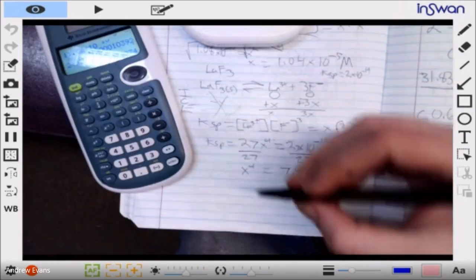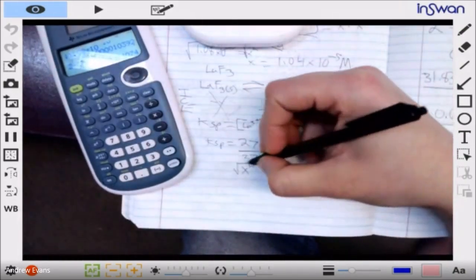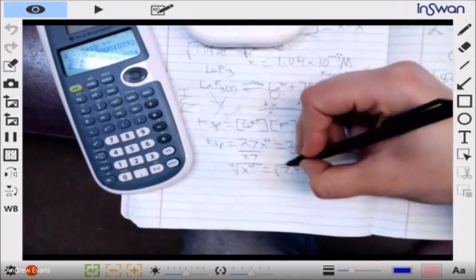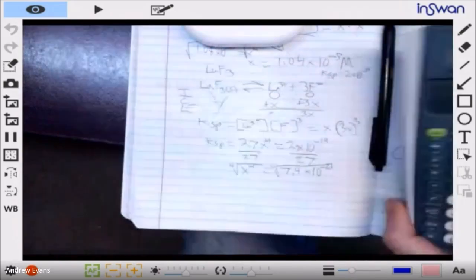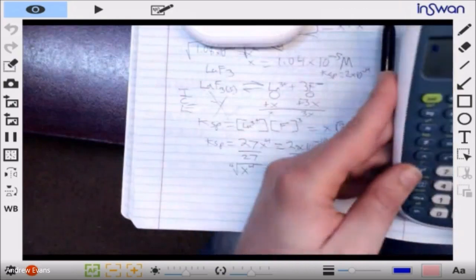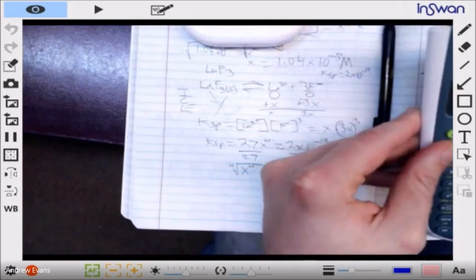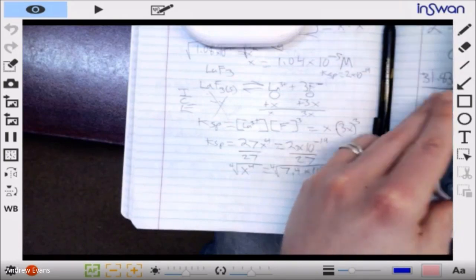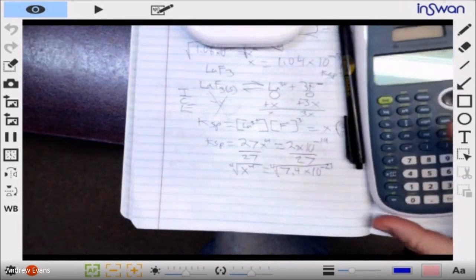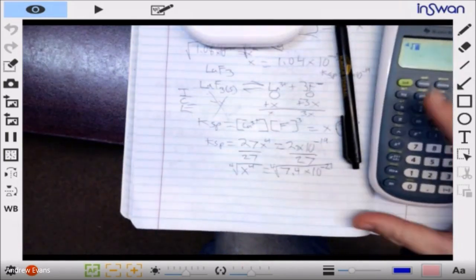And then we have to take the 4th root. Now, you may not have a 4th root button on your calculator, but a 4th root is the same as 2 square roots. You can do a square root twice and get the same result. So you can do it either way, but I have a 4th root button, so just type the number 4, then the X to the power.